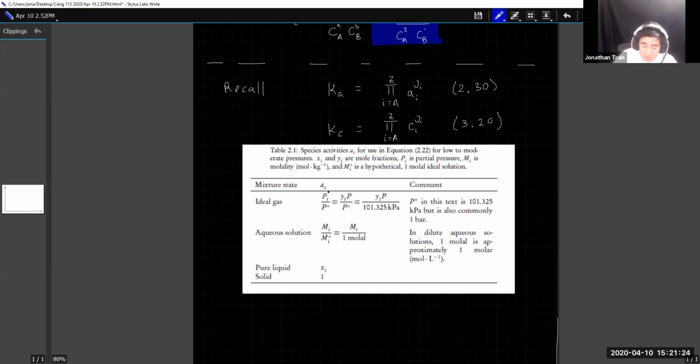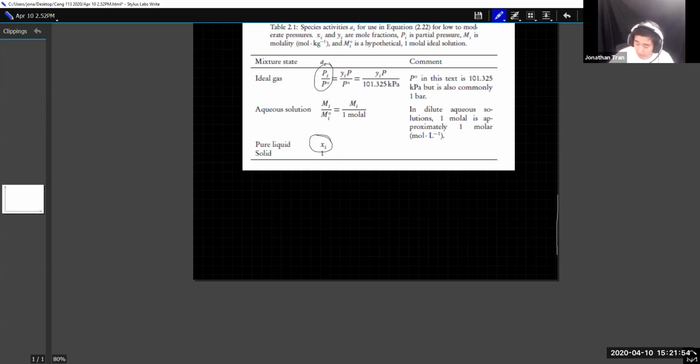So for example, if you are in an ideal gas state, then A sub I is equal to P sub I divided by P naught. If you're in a pure liquid state, A sub I is simply the mole fraction of the liquid, X sub I. So any relationship that connects Ka and Kc has to be dependent on the state of matter, because Ka is dependent on the state of matter. And so we can write two relationships, one for liquids and one for gases. I suppose technically you could also do one for solids, but we don't really deal with solids.